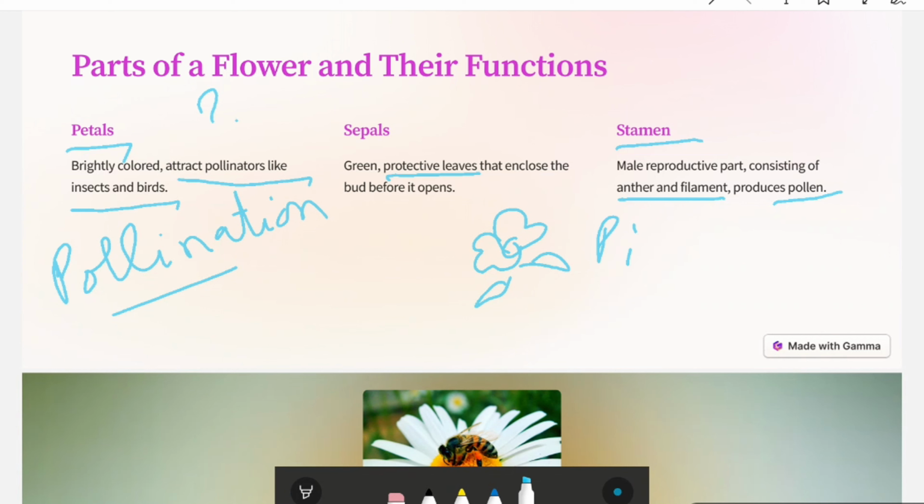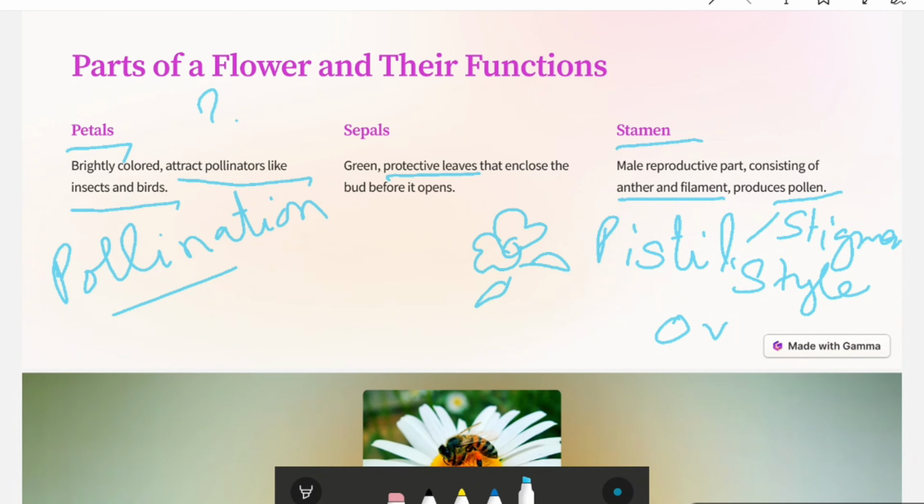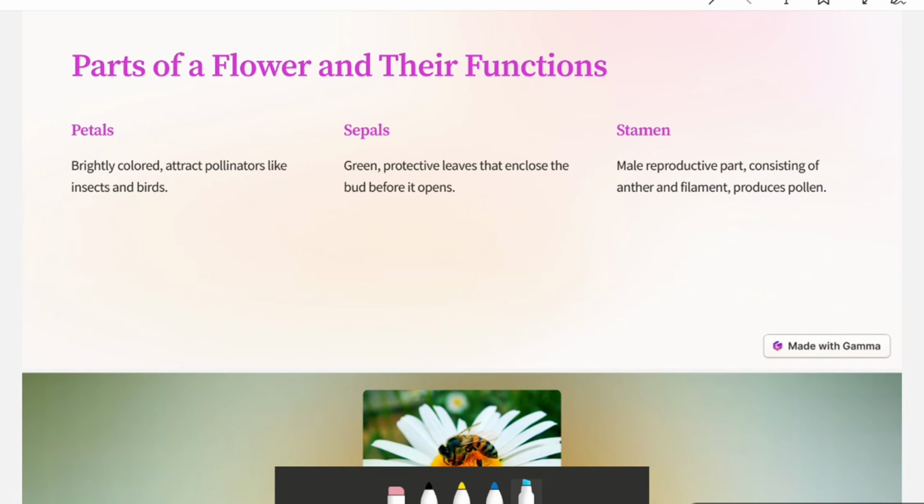The female part is known as the pistil, which contains three parts: the stigma, style and ovary. These are the three parts of the female reproductive part of the flower.